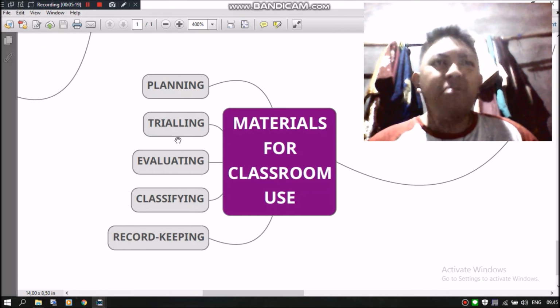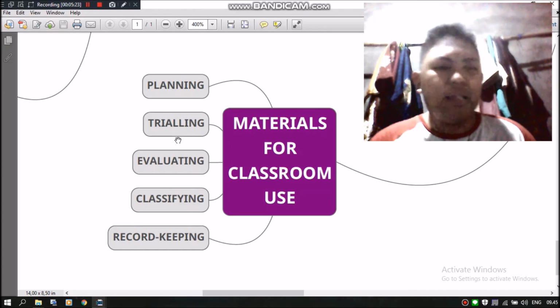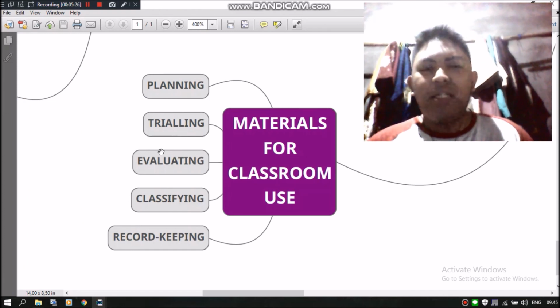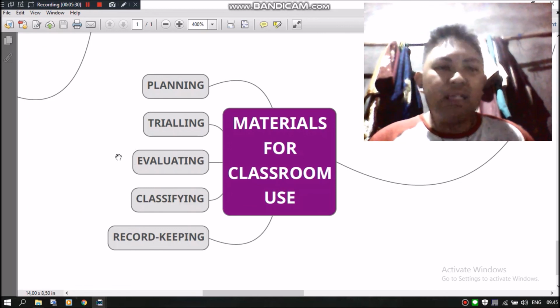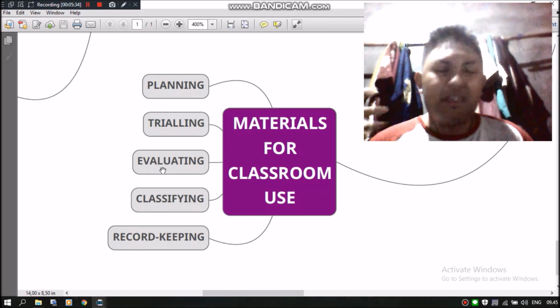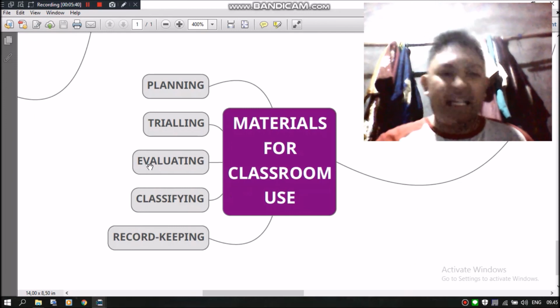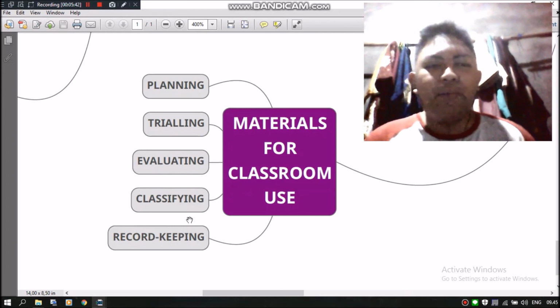You need to test it before you use it in your main classroom, and after that you use it in your classroom. After you use it in your classroom, you need to evaluate the strengths and the weaknesses of your materials. And after you evaluate the materials from the class, you need to classify it.